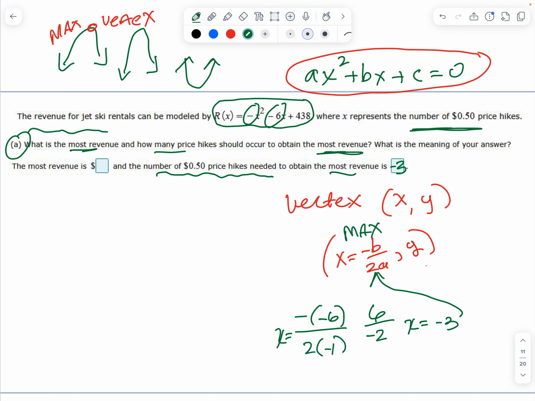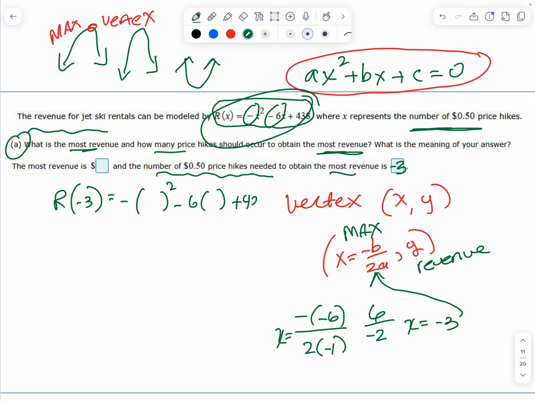Okay, now this is going to be your revenue, which is y. So we're going to plug negative 3 into our formula. Our revenue when x is negative 3 price hikes is equal to negative x squared minus 6 times x plus 438.